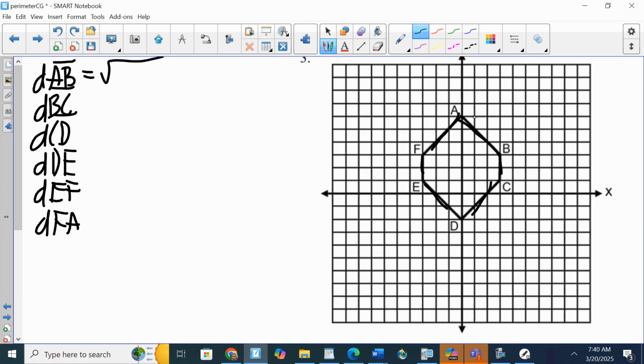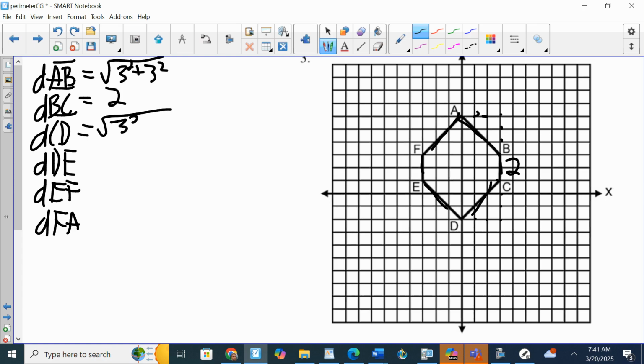AB is 1, 2, 3, 3 squared plus 3 squared. BC is straight, so I don't have to do distance formula. BC is just 2. CD, 1, 2, 3.